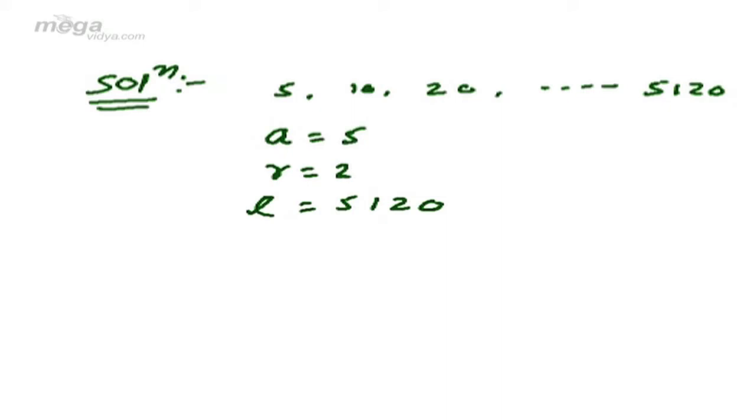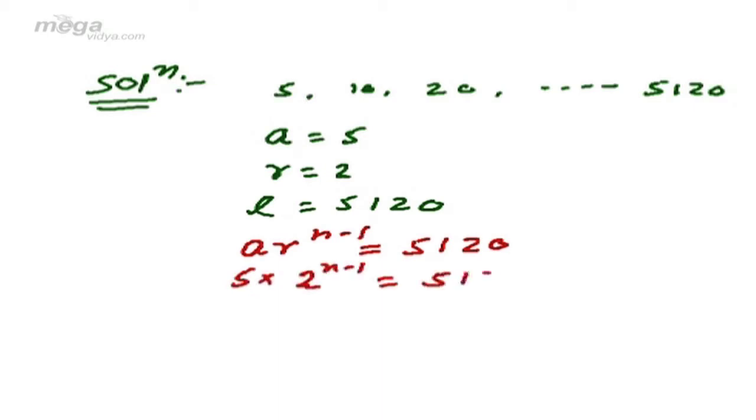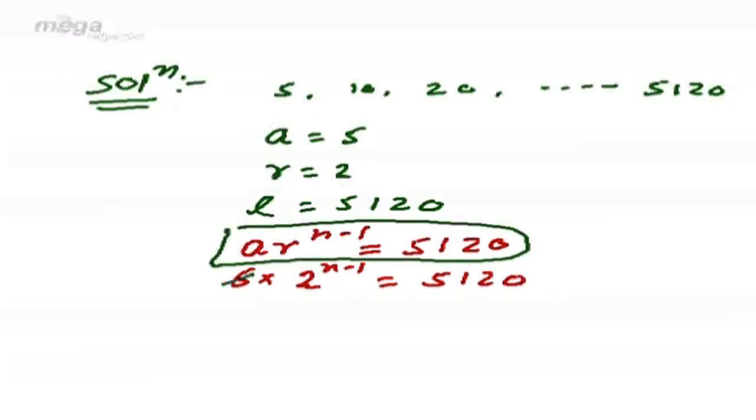Then the formula is AR to the power n minus 1 equal to 5120, but A is 5 and R is 2, so 5 into 2 to the power n minus 1 is equal to 5120. Then the 5 cancels, and you get 1024, that is 2 to the power 10. So 2 to the power n minus 1 is equal to 2 to the power 10, and the bases cancel.